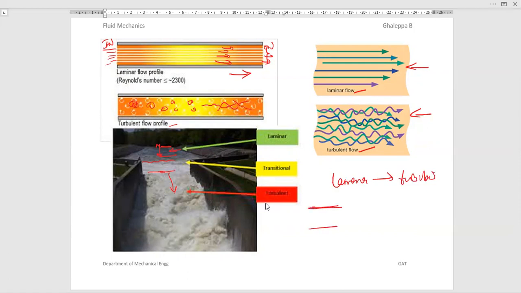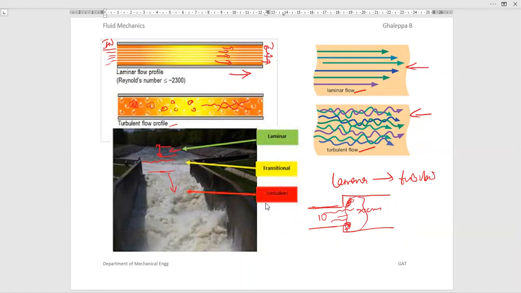For example, this is a pipe. Here I will increase the diameter of the pipe. Here it is 10 centimeter, here it is 20 centimeter diameter. When the fluid is flowing through this pipe, a sudden change in the diameter will create some vortex formation in the corner. So due to vortex formation in this region, you can see the turbulent flow.